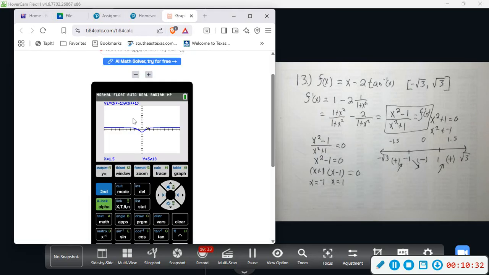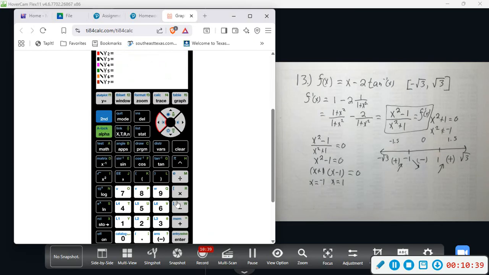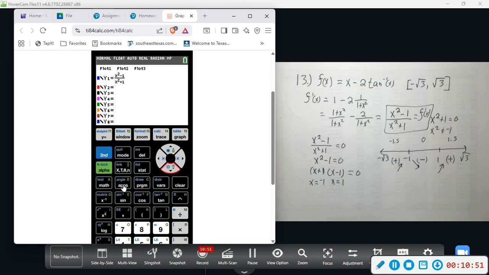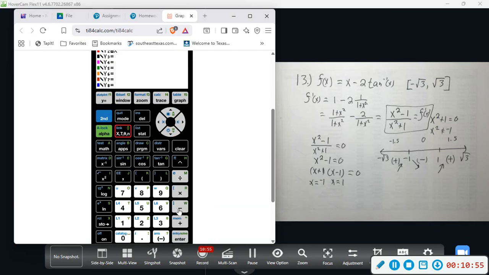So I'm going to go back here, go to y equal. I'm just going to turn this one off by going to the equal sign and hitting enter. And so that one will not graph. So if I hit graph now, nothing. I'm going to go to y2 and I'm going to type in our original function, x minus 2. Inverse tan is in blue, so I got to do second tan.